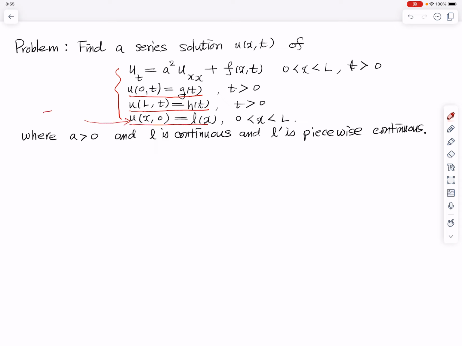So we call this the initial condition, and these two are called boundary conditions.